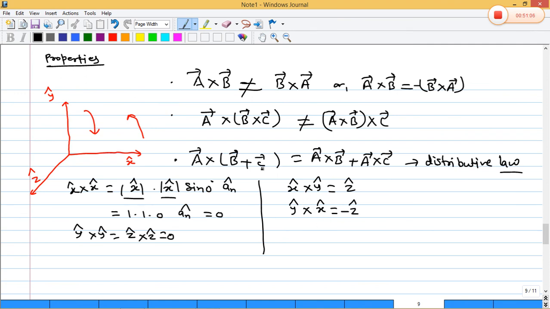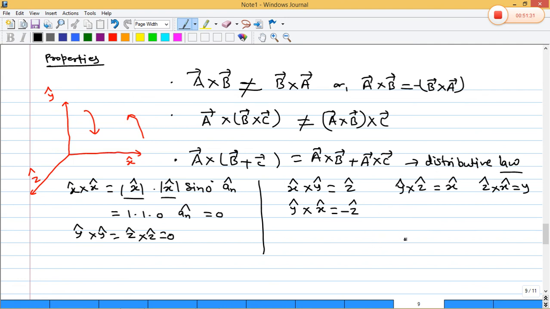No. So we cannot say that a cross b and b cross a are equal, but we can say a cross b is equal to minus of b cross a. Similarly, y cross z is x cap and z cross x is y cap.